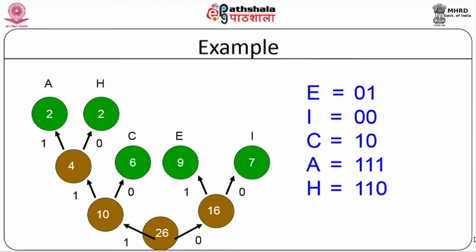So, now you can see that A is 1, 1, 1, H is 1, 1, 0, and C is 1, 0, then E is 0, 1, and I is 0, 0. So, you can see that this is a variable code.